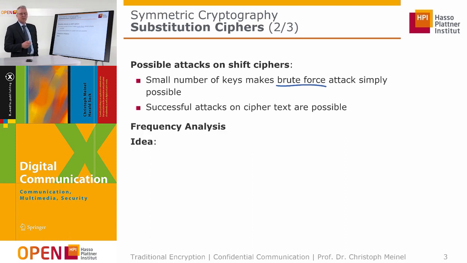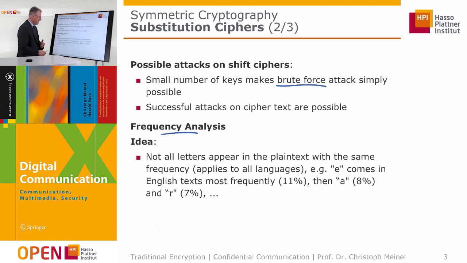There are other successful attacks possible for such simple shift ciphers, and one is frequency analysis. The frequency analysis is based on the appearance of the different letters in a plain text. Each language is characterized in that the frequency of one letter is about the same over many such texts.